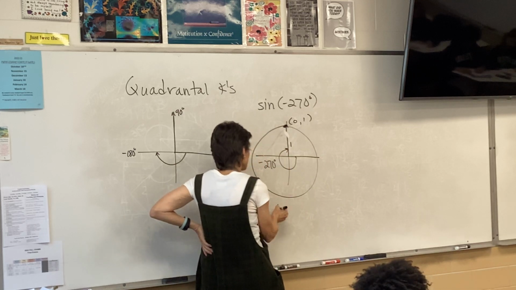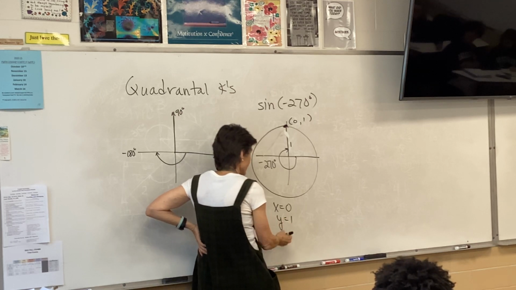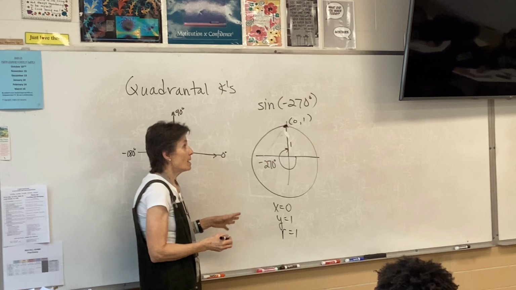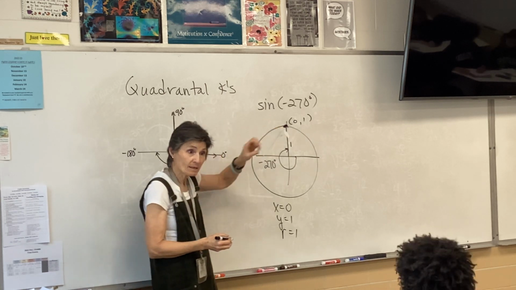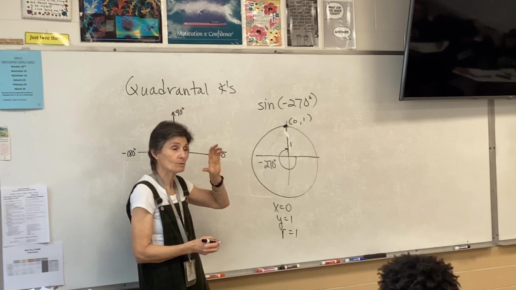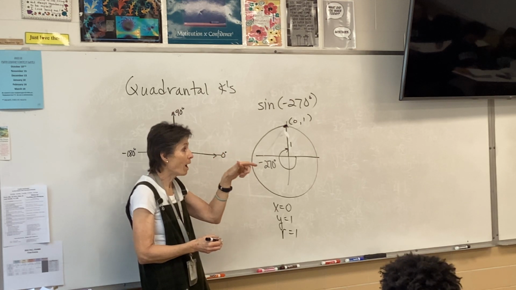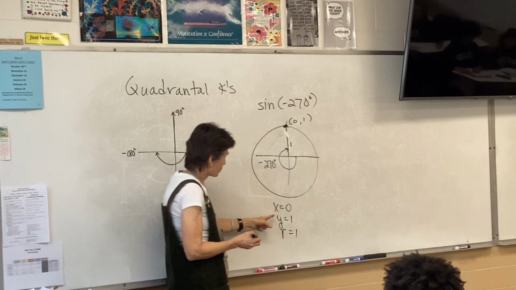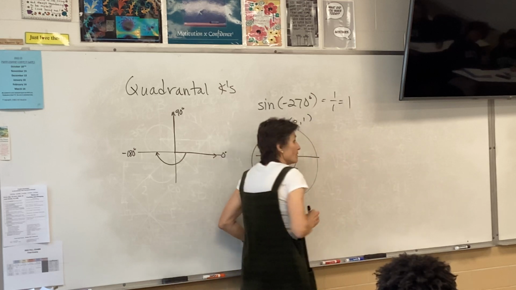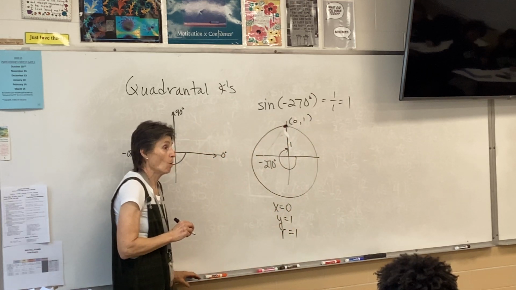In other words, x is 0, y is 1, and r is 1. So if I want the sine, what's my definition for the sine? Don't say opposite over hypotenuse. What's the other one? y over r. So y over r is 1. The sine of negative 270 degrees is 1.